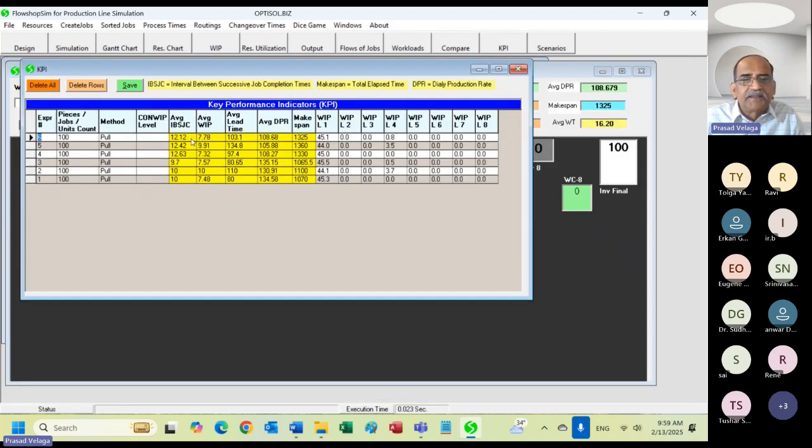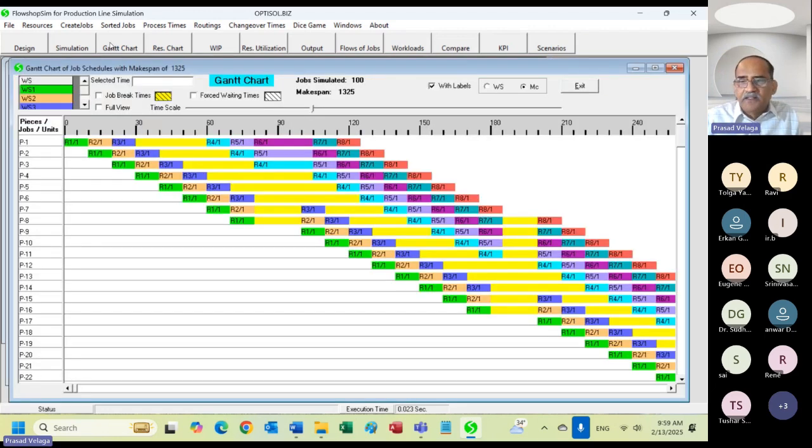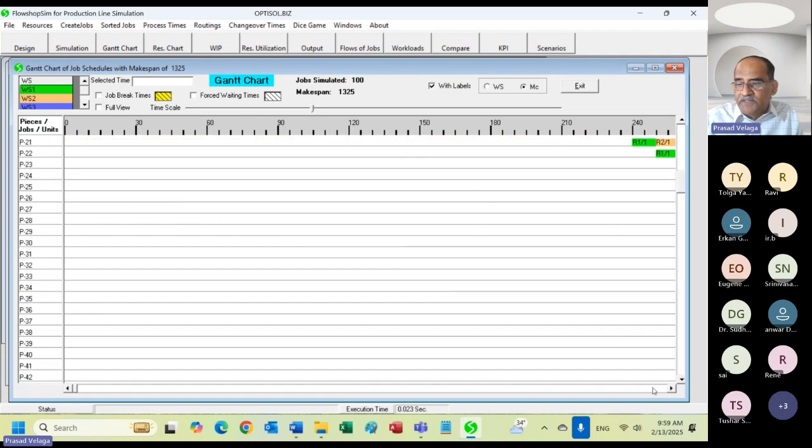Now you could see that this 1330, initially the make span, now it's slightly less than it because we increased the available times in the calendar. And if you look here also, you would see the same after some time.